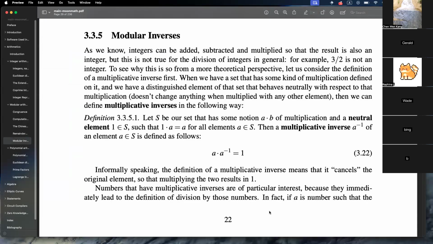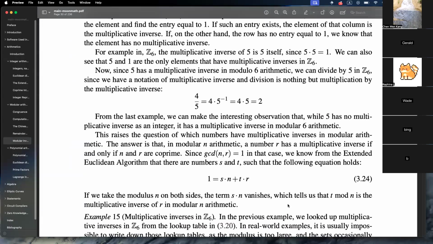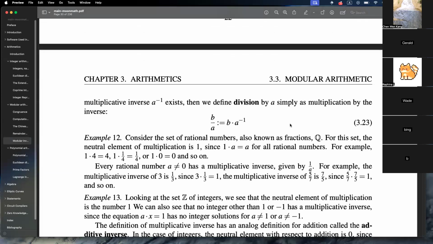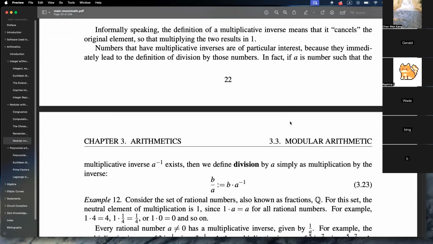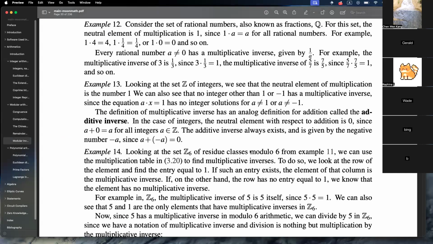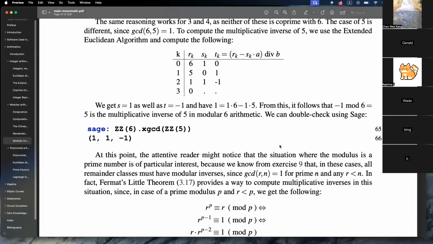Anyone? Great. Oh, you guys are really good at understanding this. This took me a while. That's great. Then let's just look at the example here.